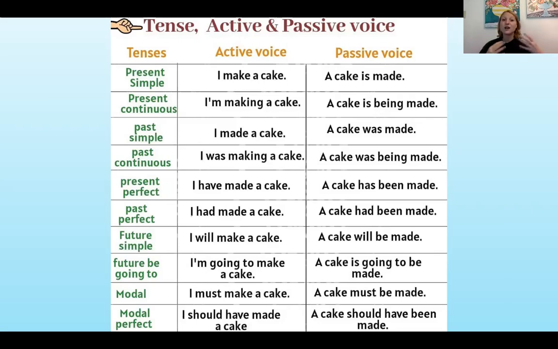All right, so let's take a gander at the active voice column. In this first sentence, we have: I make a cake. Now let's break this sentence down. First, I, that is the subject. Two, we have make, that is the verb.